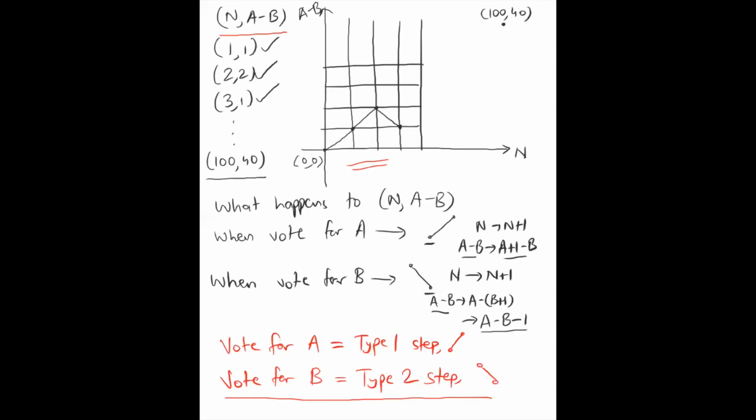The path is definitely going to satisfy this condition, because as we saw before, it always starts at 0 comma 0 and it always ends at 100 comma 40. This is where the election always ends. So the path is definitely from 0 comma 0 to 100 comma 40.